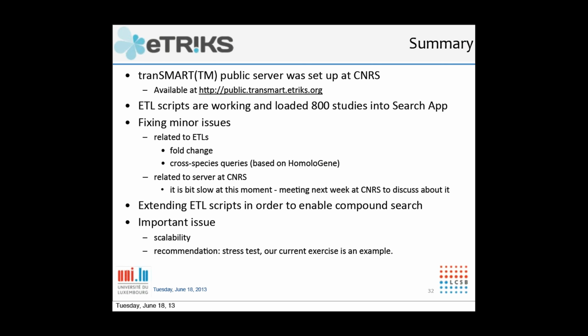And the other big issue we are having is that the server is extremely slow. Even now you can connect, but if you run a query, it takes ages, and sometimes it is timing out. So next week we are meeting in CNRS to discuss this issue. And we plan to extend these ETLs to enable the compound search. Right now we don't have it.